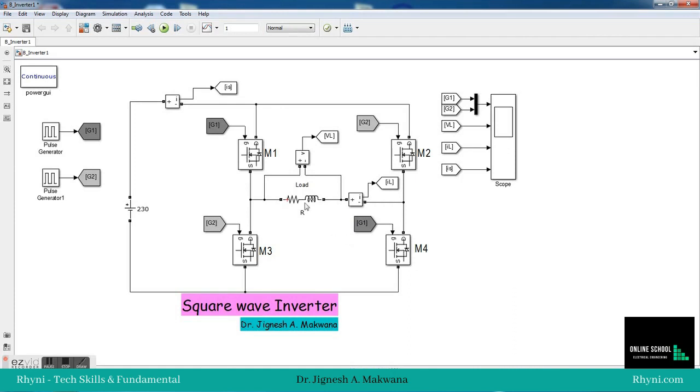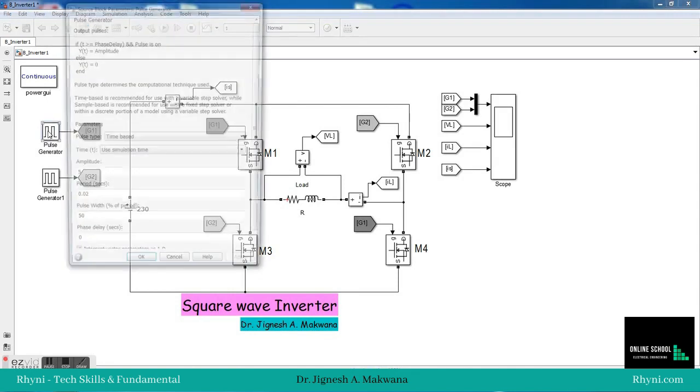So the gate pulse G1 for M1 and M4 should be at the high level for 0.01 second, and for 0.01 second it should be off. So the requirement is to generate a square wave gate pulse with 50% duty cycle, and the total time period is 0.02.